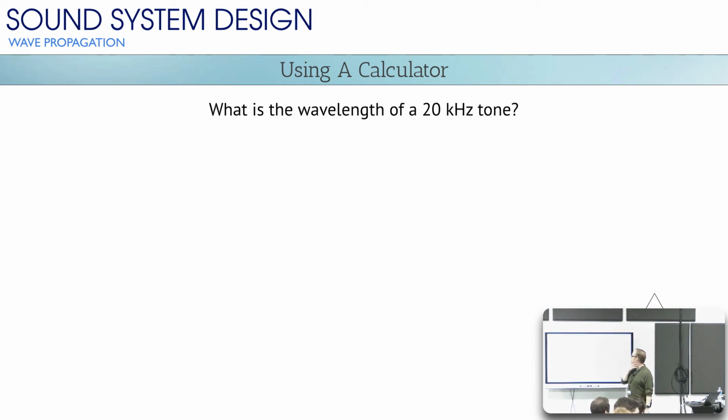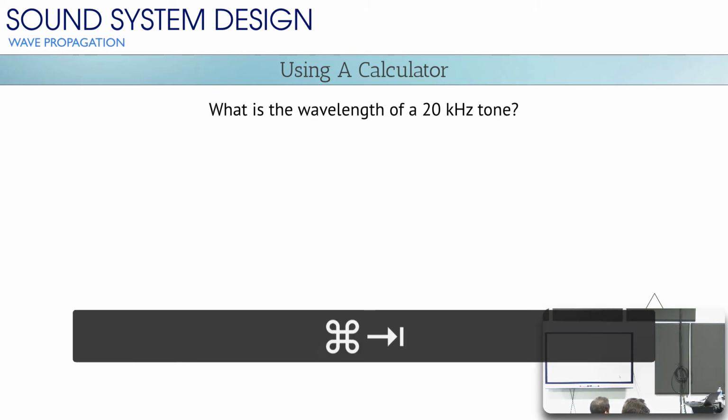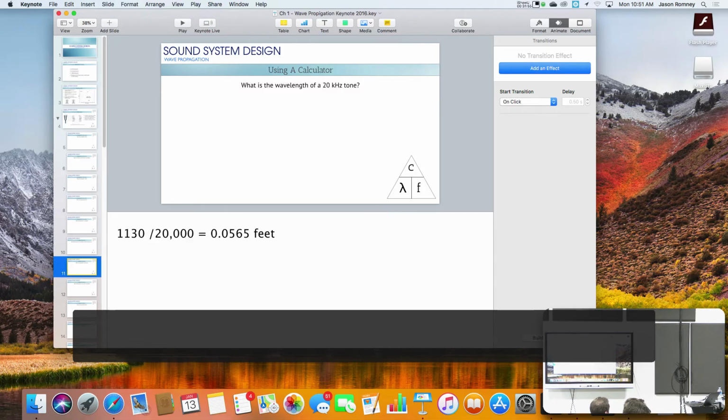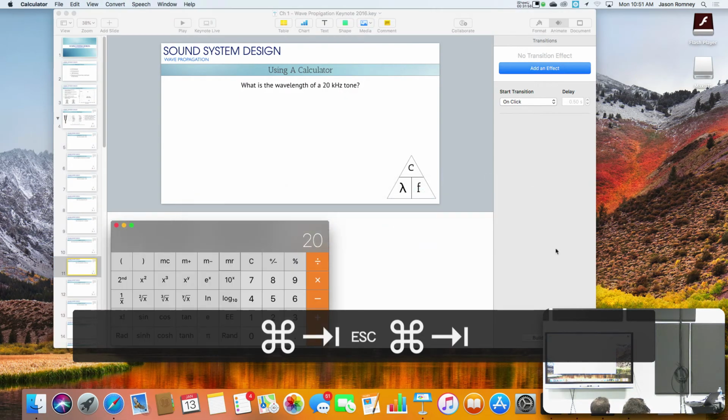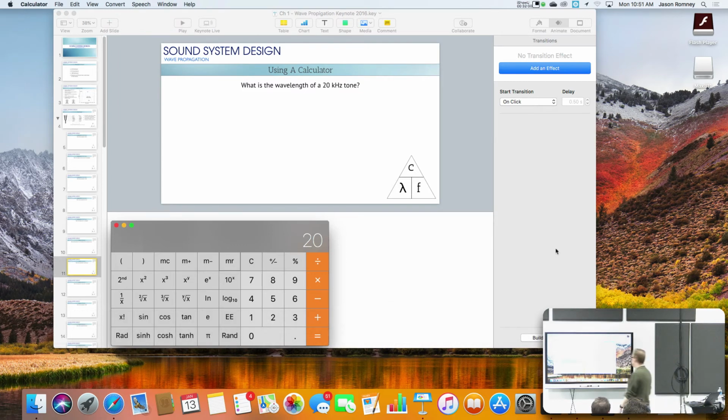Okay, here's another one. Wavelength of 20 kilohertz. And we're going to do that with our calculator as well. So this would be 1,130 feet per second divided by 20 kilohertz, right? So that would be 20 plus 3 zeros.